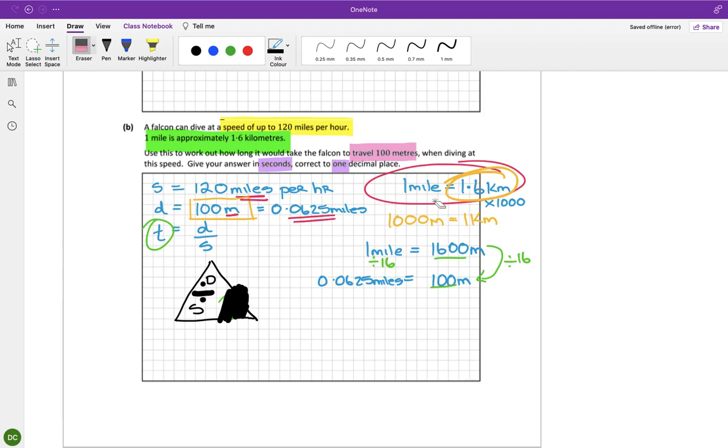And what's left is easy. That was the hard part, right? So we just put the distance in place of d. We put the speed in place of s. And then I just type that into my calculator. So that divided by 120 is a massive number.